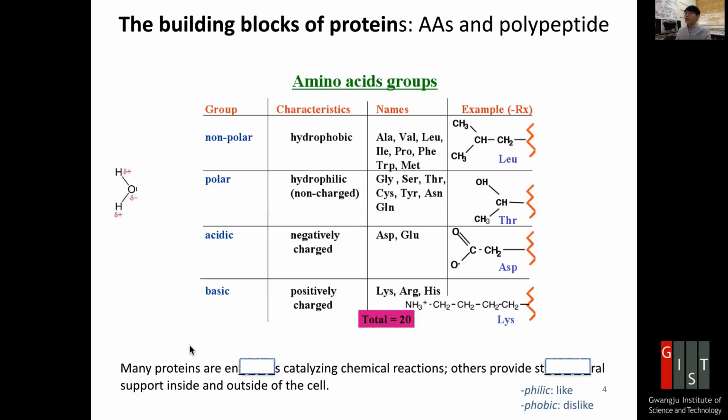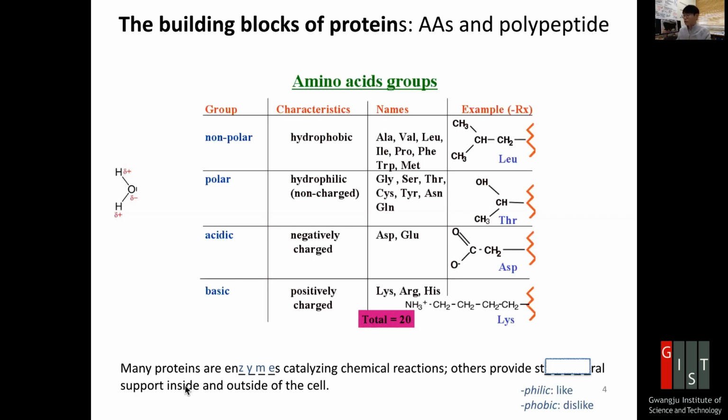Many proteins which are composed of amino acid chains or polypeptides serve as enzymes catalyzing chemical reactions. Some other proteins support inside and outside of the cell.